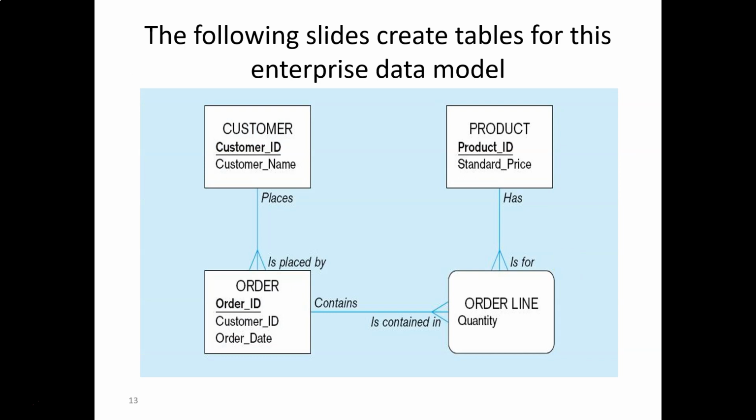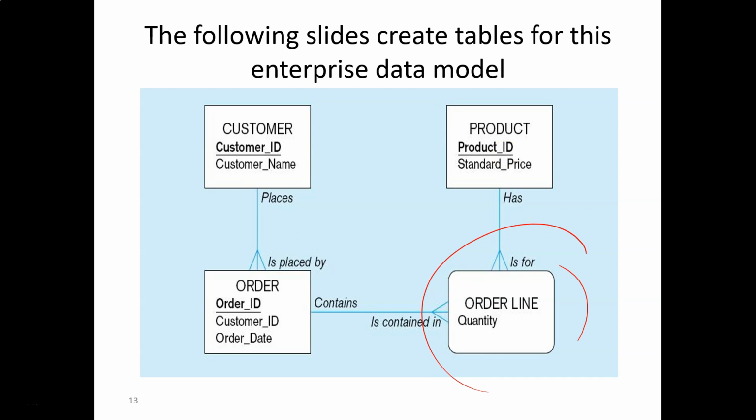This ER diagram describes a familiar business scenario where customers place orders, and orders contain order lines that include products. There are a total of 4 tables, including the order line table, which is an associative entity.